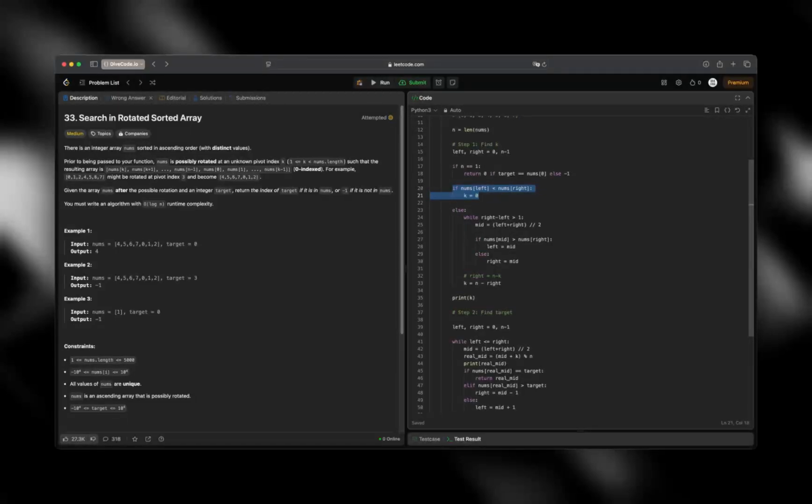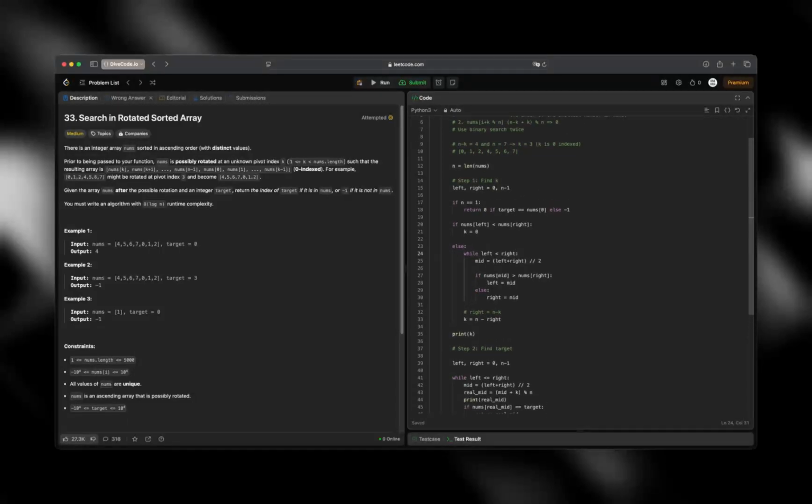Let me maybe, I think there's a problem with this one here. Let me rewrite this. I could say if left is strictly inferior to right, I get the middle. So we go up.